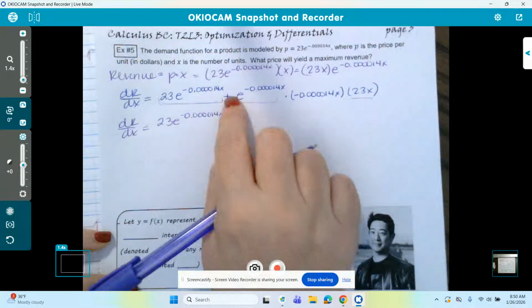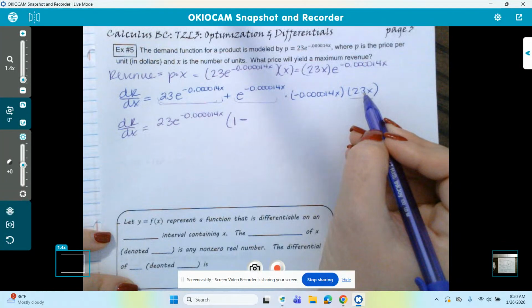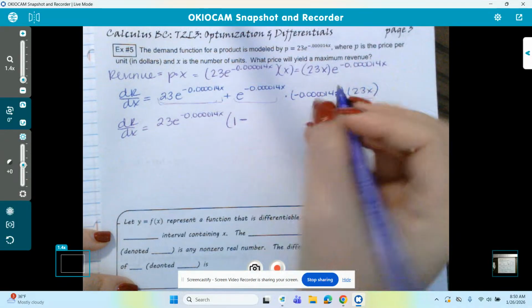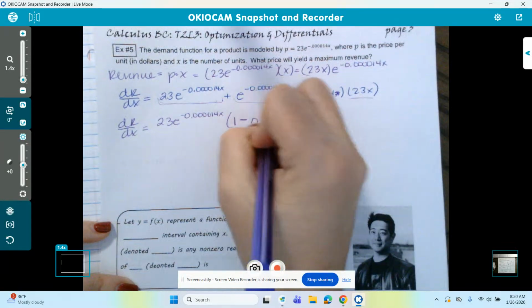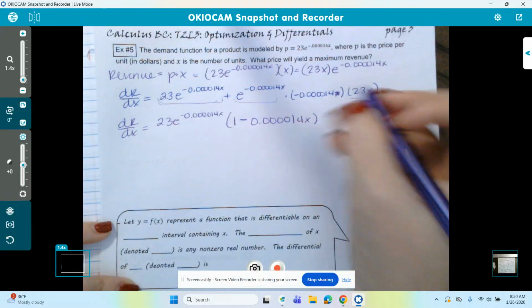Now, I would say plus, but there's a negative here, so it's going to be 1 minus. I pulled this out and the 23 out, so that's going to be 0.0001234014x.